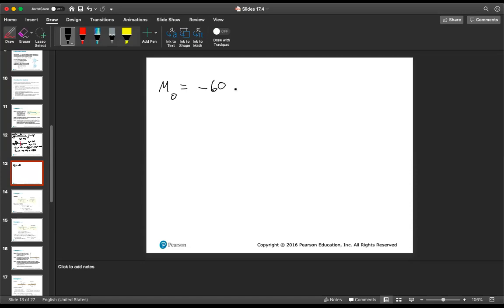And then you have the moment from the weight of the rod. Well, that's going to cause a clockwise rotation. So that's minus L over 2 times mg. And that's it. Those are the two moments. You have the explicit external moment, and then you have the moment from the weight. And that must equal the moment of inertia about O times alpha.